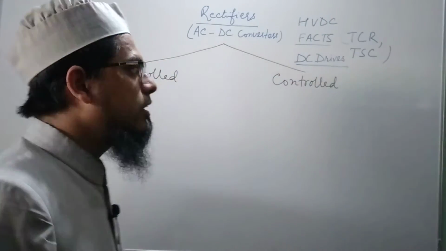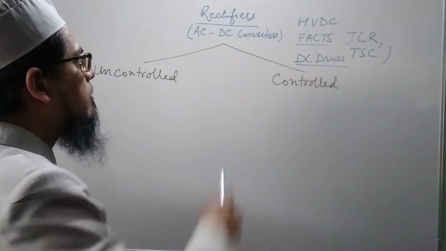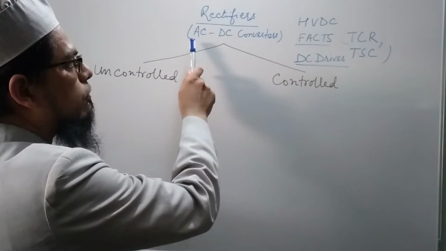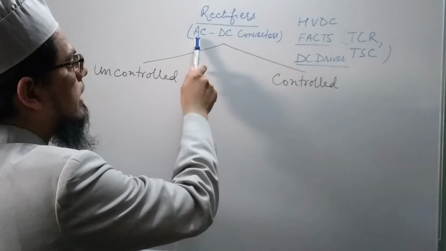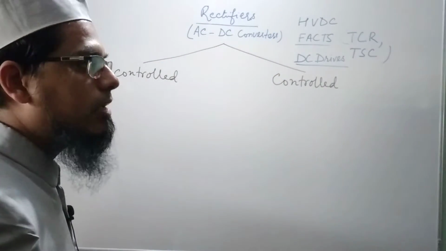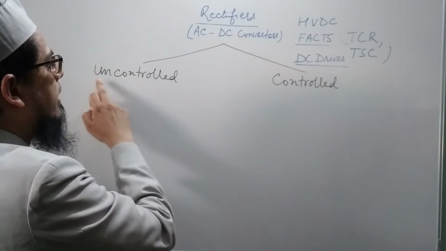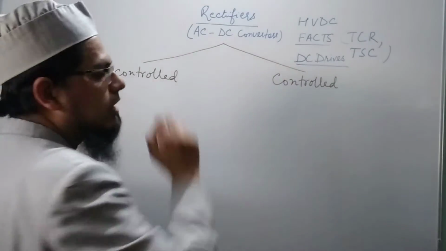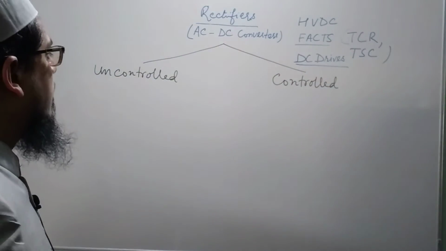So let's start. Basically a rectifier is a type of power converter which converts AC voltage into a DC voltage, and it can be classified as uncontrolled rectifier and controlled rectifier.